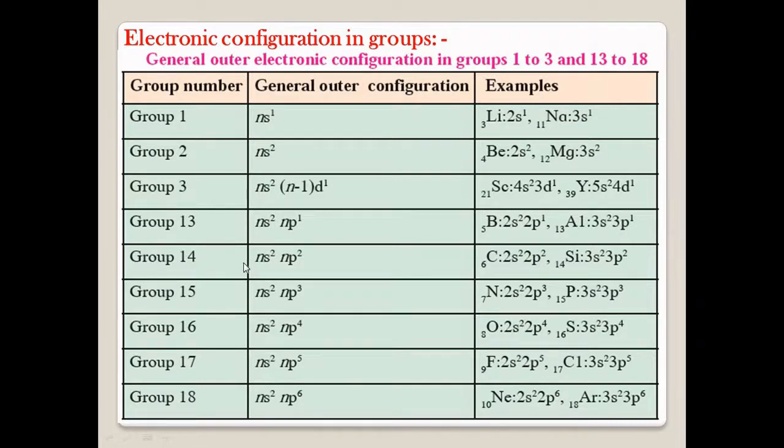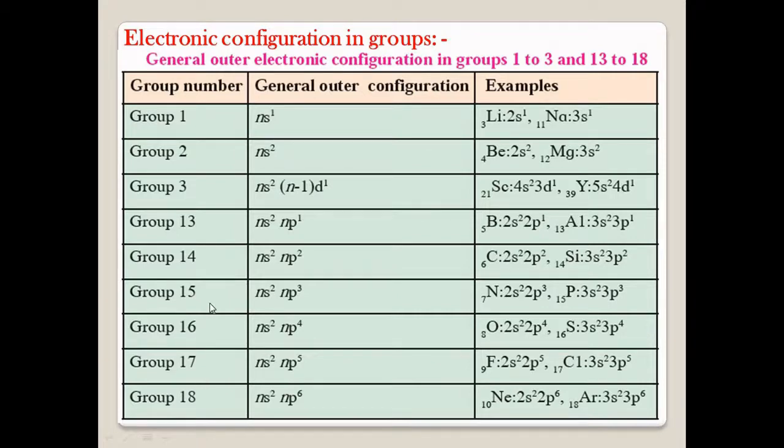For group 14, ns2 np2 is the outer electronic configuration, and the example is carbon, that is 6, 2s2 2p2, or silicon, 3s2 3p2. Are you getting this? This is the same for groups 15, 16, 17 and 18.